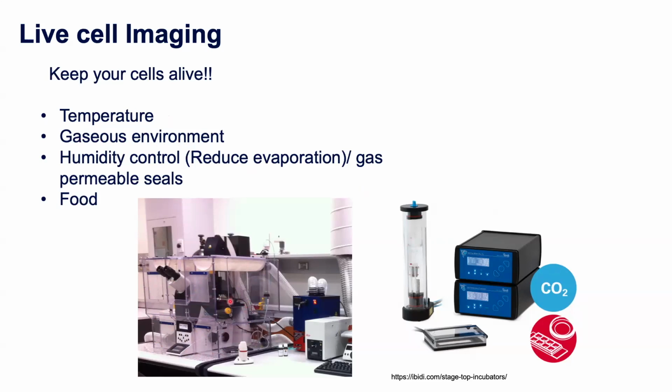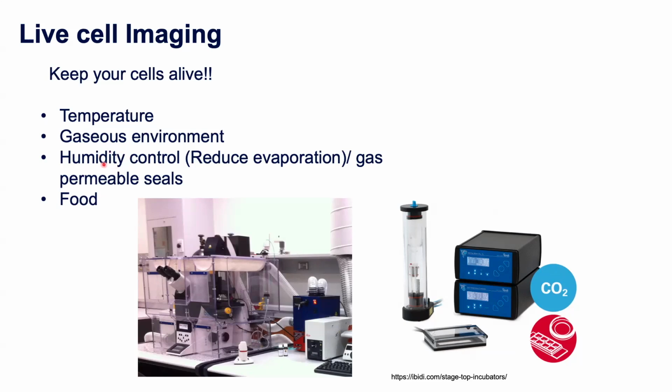So often there is a stage top enclosure where we can control the CO2 concentration. That allows us to maintain the pH of the media, making sure that your samples are happy. One of the issues with the media disappearing is humidity. If you pump dry air onto your sample, then you can have evaporation.